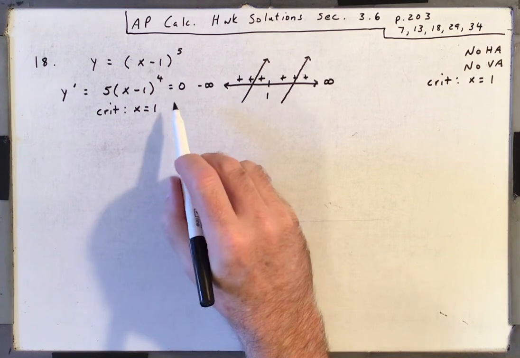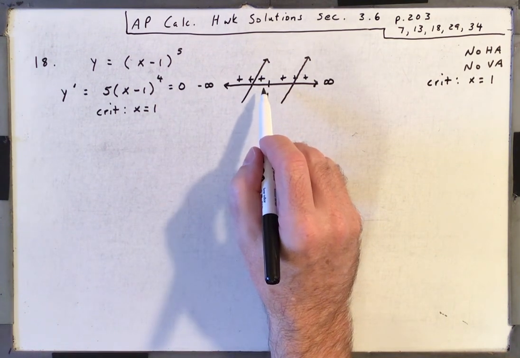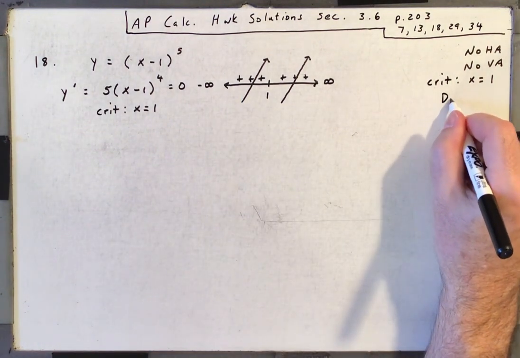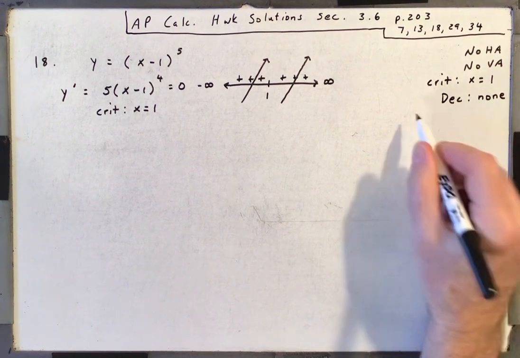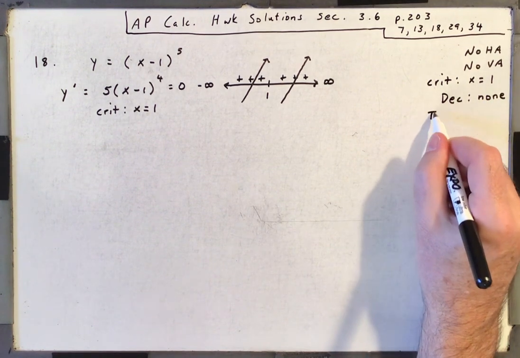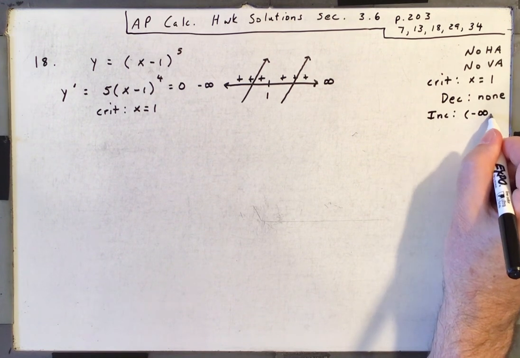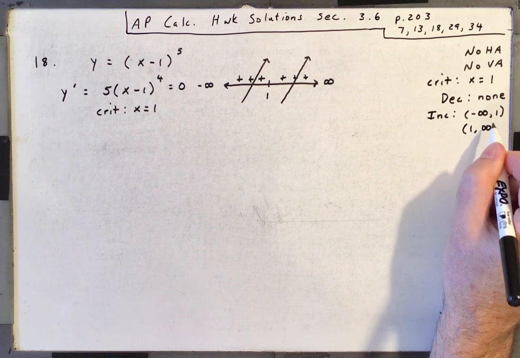All right, so we do have, though, a flattening out point. We are never decreasing, so our decreasing intervals would be none. Increasing would be from negative infinity to 1 and 1 to infinity.